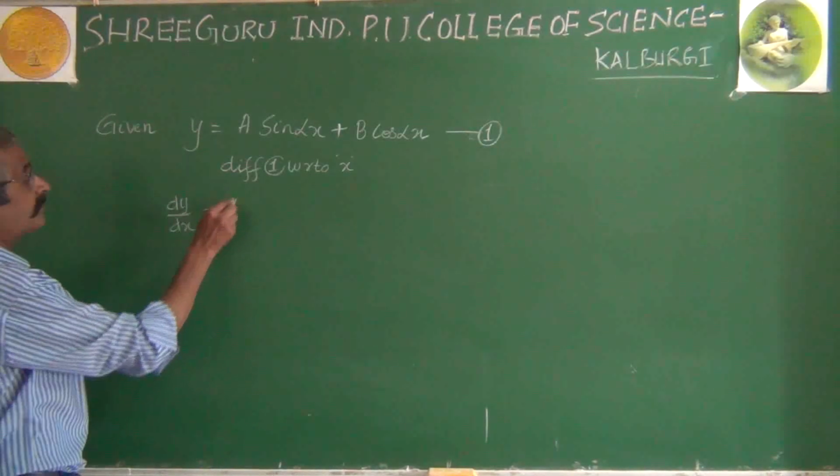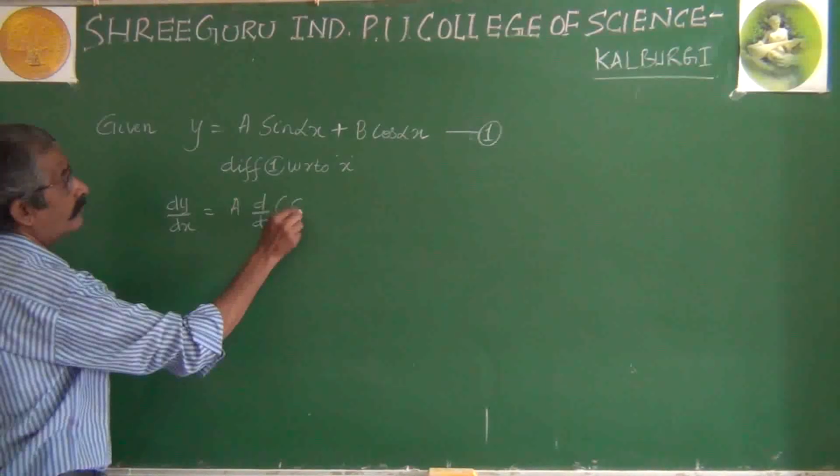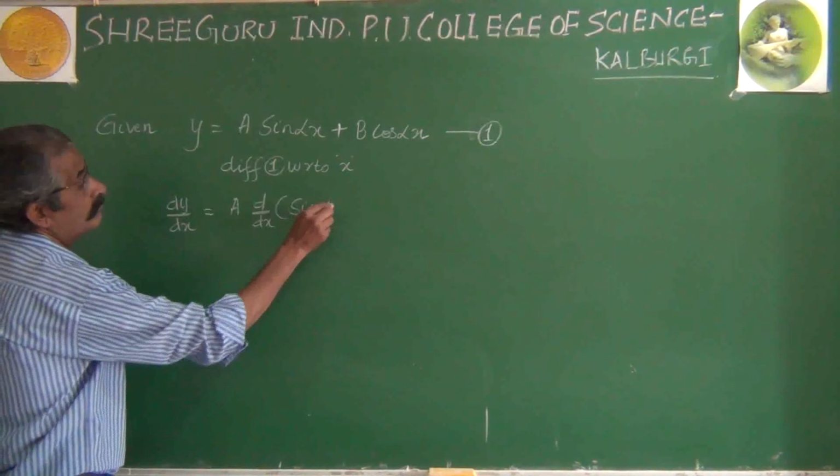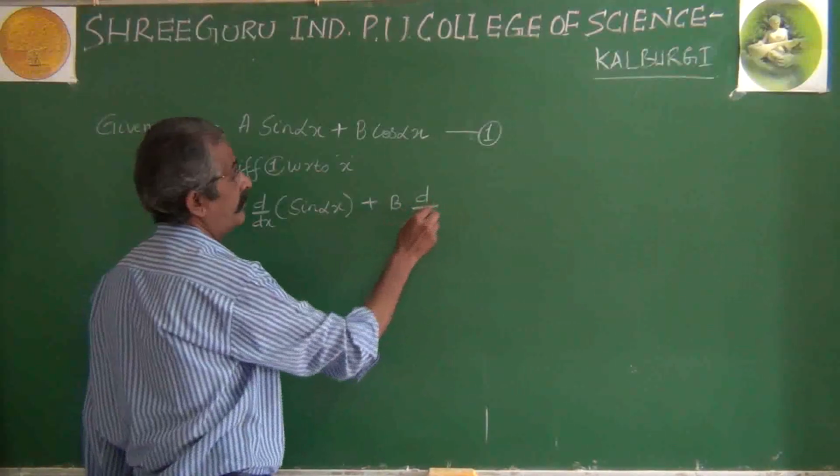In that, a outside into the derivative of sin alpha x plus b into the derivative of cos alpha x.